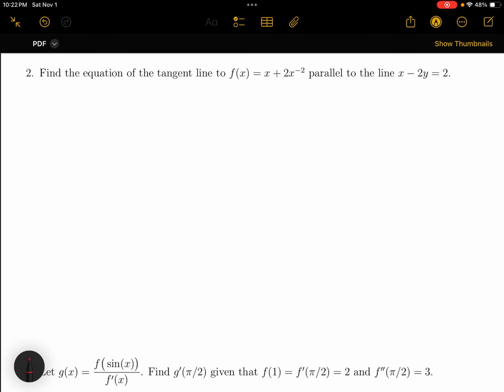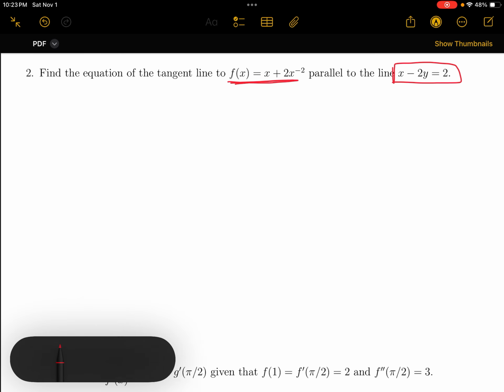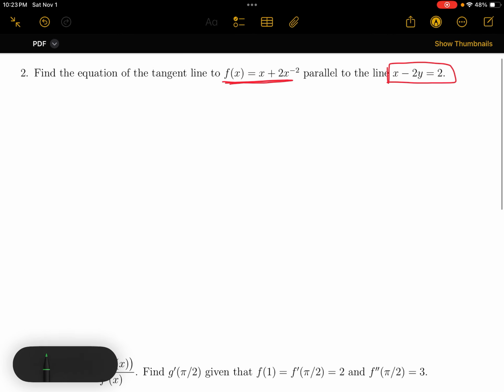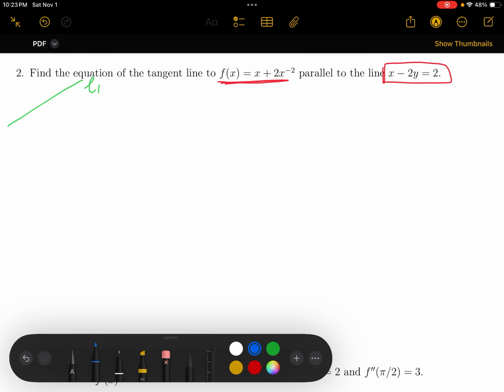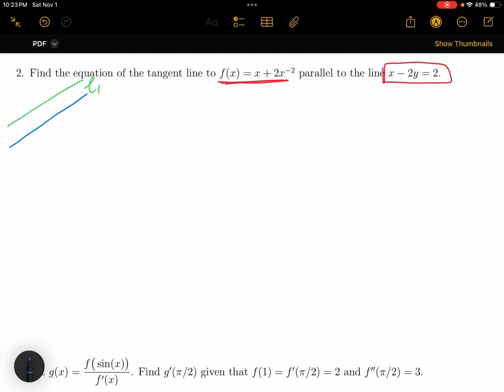So next problem is find the equation of the tangent line to this function right here parallel to this given line. Okay, so if I have two lines L1 and L2, if they're parallel, that means that they have equal slopes.